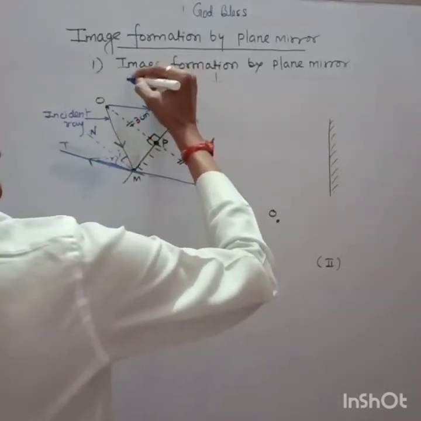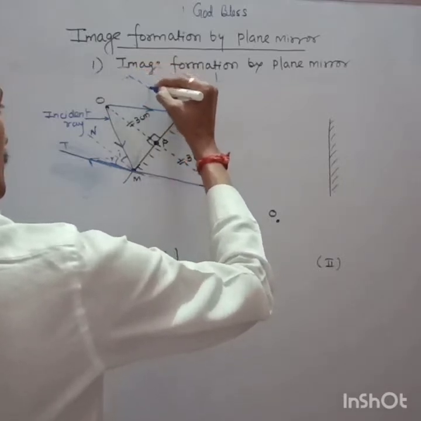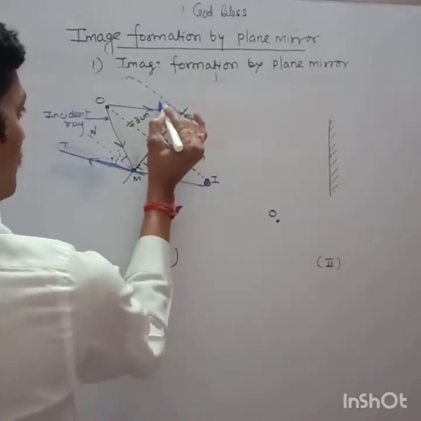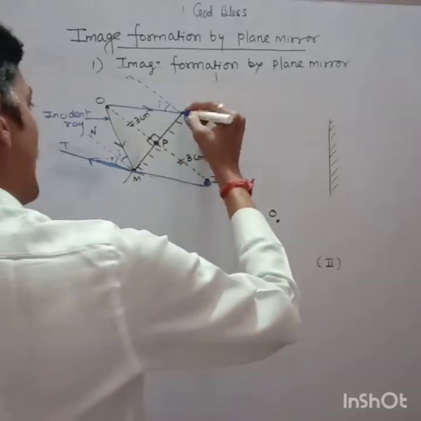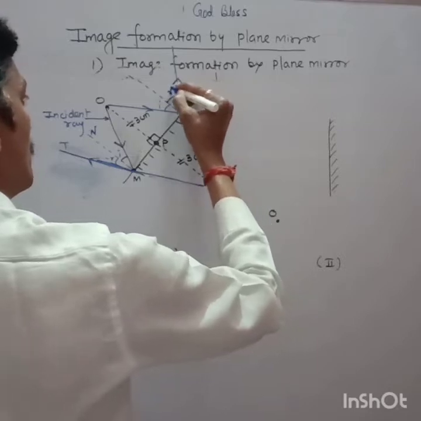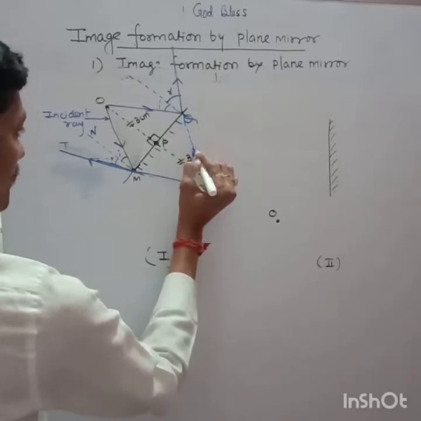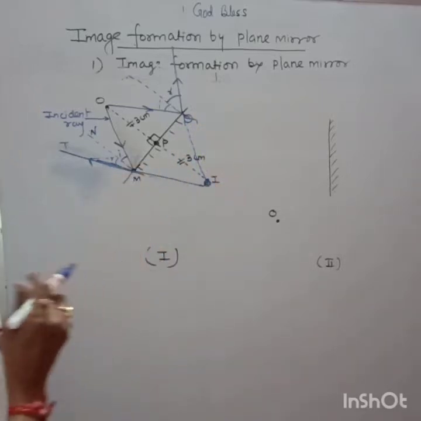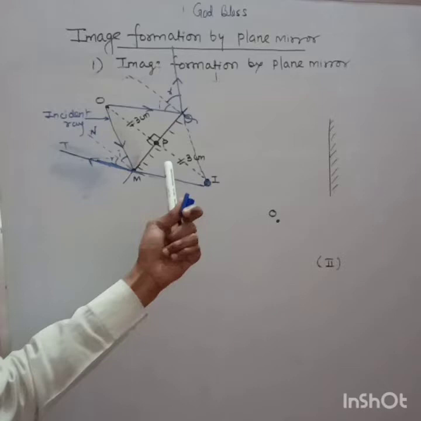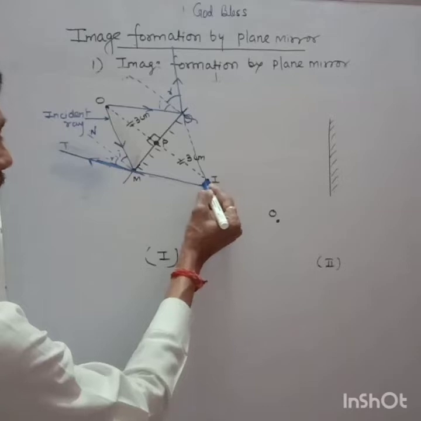Again I will draw the normal on the surface, such that this is the another incident angle which is refracted back here, and this also extends to meet at the point I. So you can see this is the image formed by this mirror which was tilted to a certain angle. And the image is formed at the point I in the diagram.